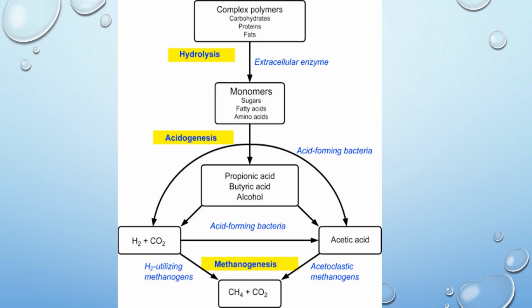Now, acetogenesis is the third phase in anaerobic digestion, where short chain organic acids and alcohols produced by acidogenesis are further processed by acetate forming bacteria to yield mainly acetic acid as well as carbon dioxide and hydrogen.